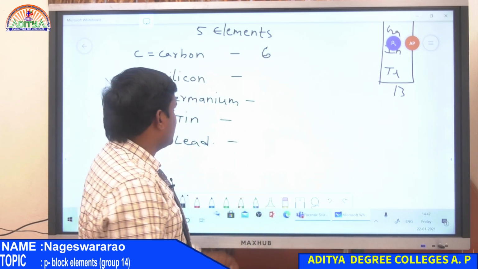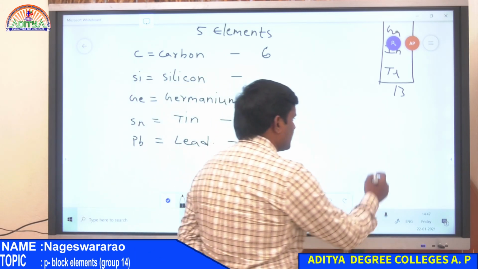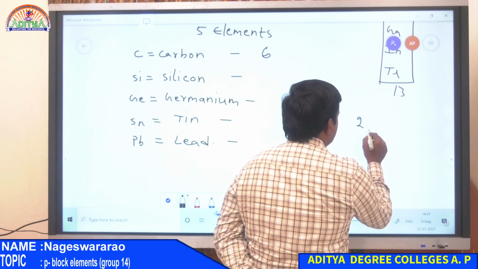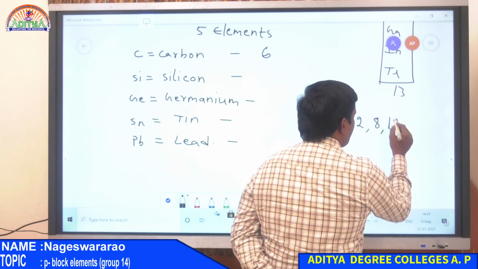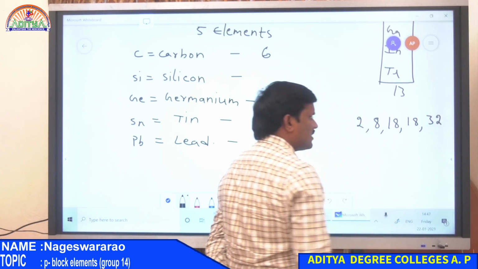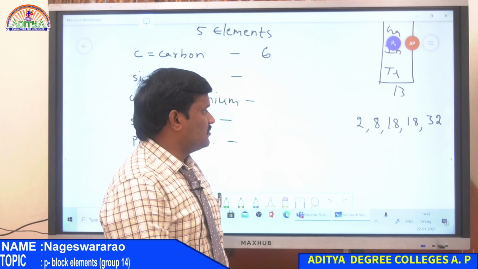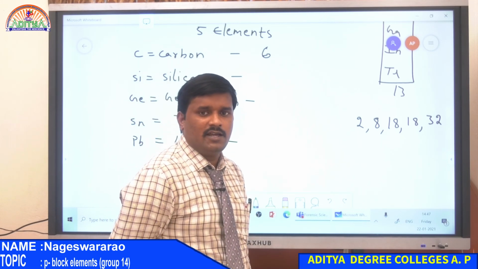Now what is the atomic number of the next element, that is silicon? It is determined by using magic numbers. So what are the numbers? 2, 8, 18, 18, 32. These are known as magic numbers. These are used to determine the atomic number of the next element present in a group.